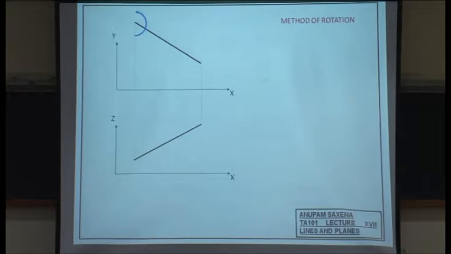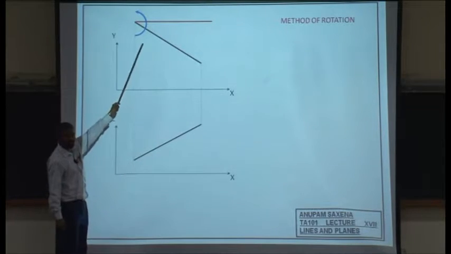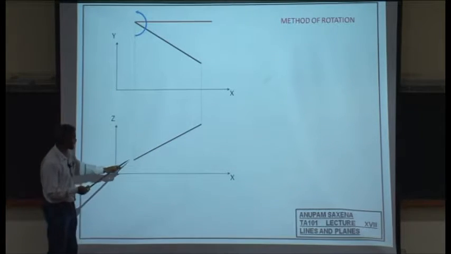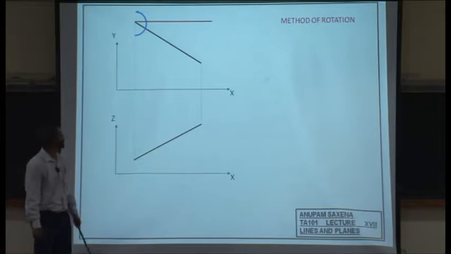In this example, rotate the top projection so that it becomes horizontal. When you see that, you're rotating this line about the z-axis, so the z coordinate of this point doesn't change. You're rotating the entire line about this point, so this point remains fixed in space.